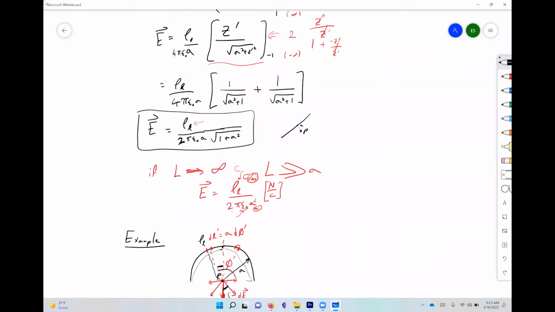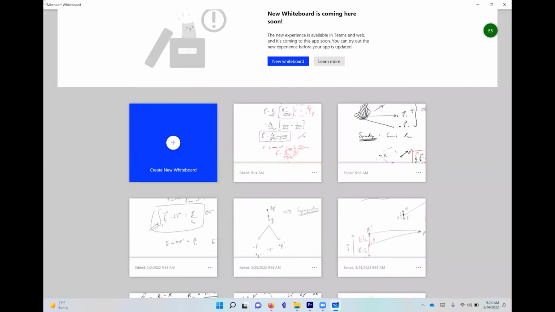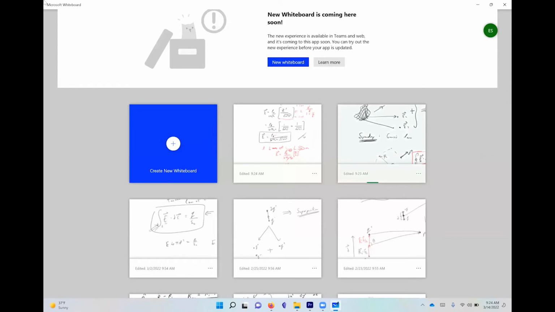We started with a finite line and then extended the line to infinity, and we got 2 pi epsilon naught A, where A was the distance from the line. So we got exactly the same result.